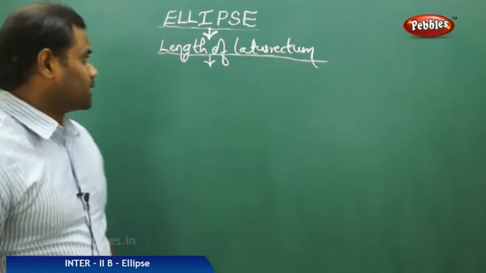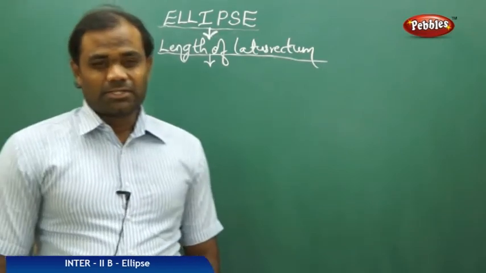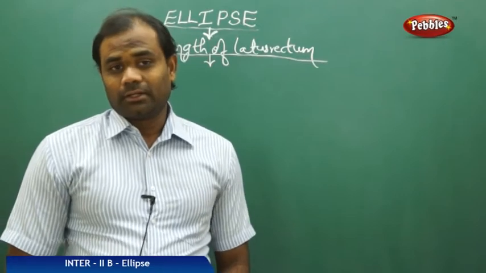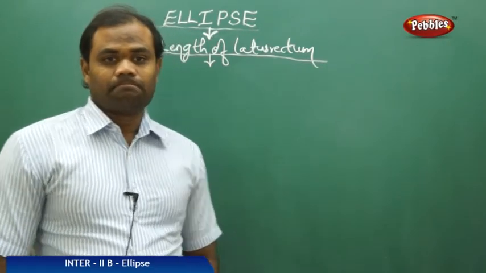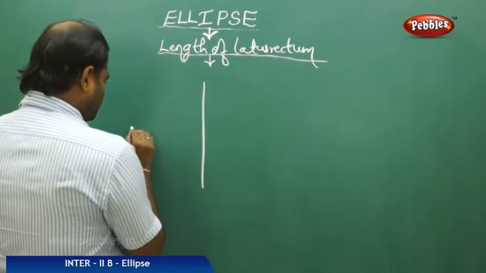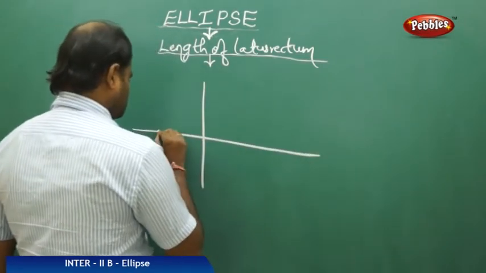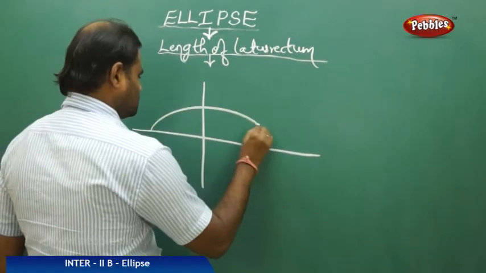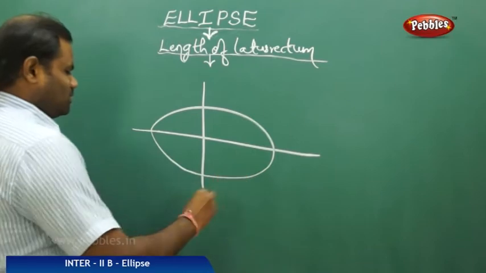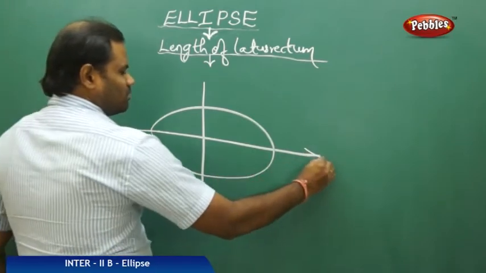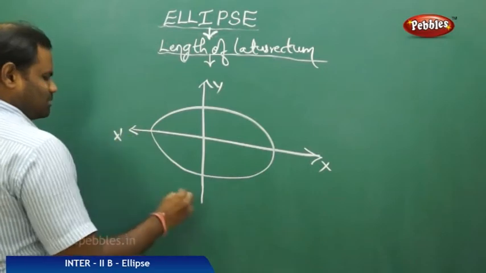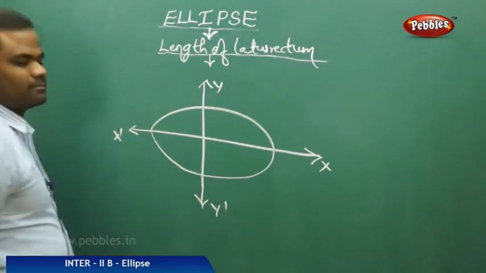Length of latus rectum. So now that we have discussed latus rectum, let's see what its length is in its mathematical formula. Let's draw the latus rectum for the ellipse, where I have the x-axis and y-axis in this way.